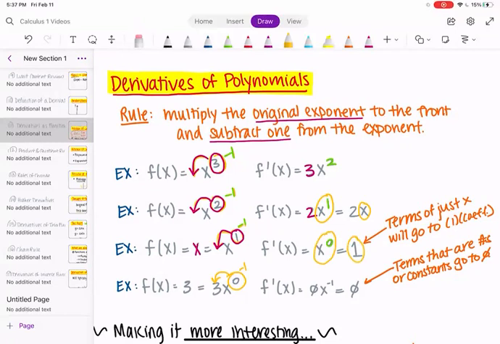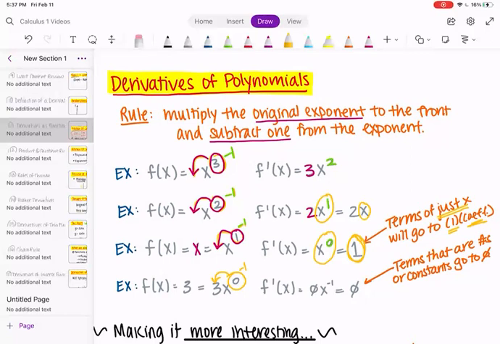So the general rule is that if you're just taking the derivative of an x term, not x squared or x cubed, it goes to 1 times the coefficient in front of it. Here that coefficient was 1, so it was just 1 times 1. That's where we get this 1. But if it was, for example, 2x, it would be 1 times 2, leaving us with 2.